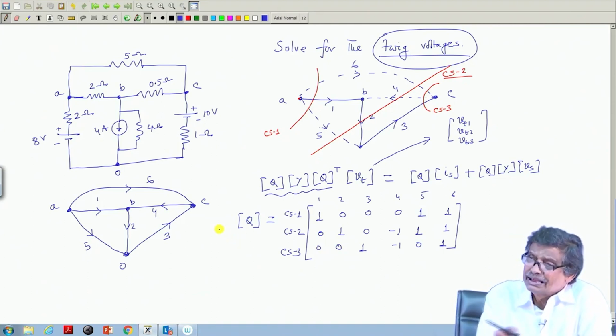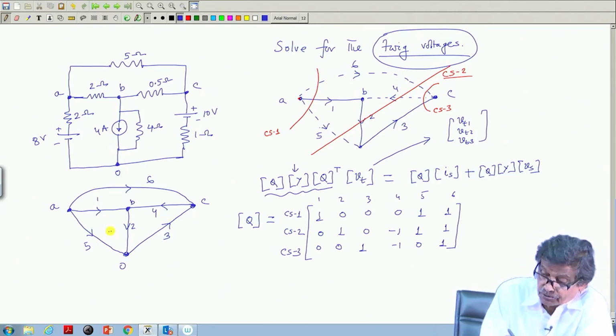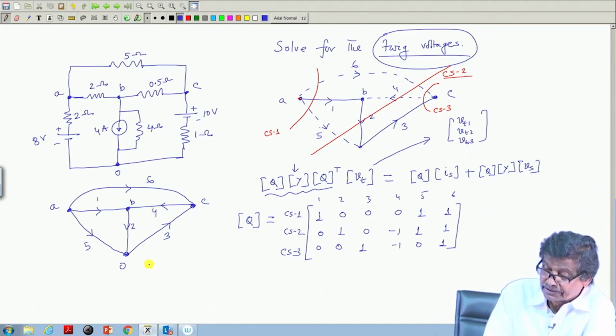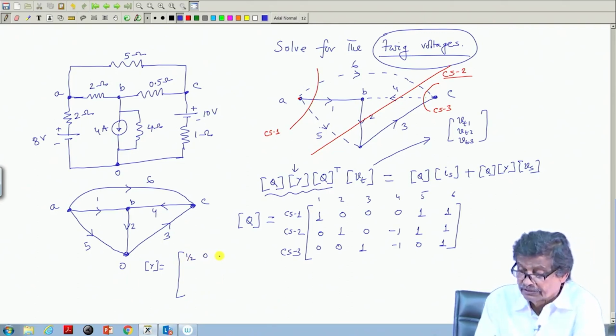Y matrix as I have done already earlier, is not? Y matrix, this I am not repeating, that Y matrix does not change. Oh, number changes 1, 2, 3. So, let me write, because 1, 2, 3, 4 are changed. So, Y matrix will be, let me write. So, element 1 is this one. So, this will be half. So, all other are 0, 5 entries will be 0.